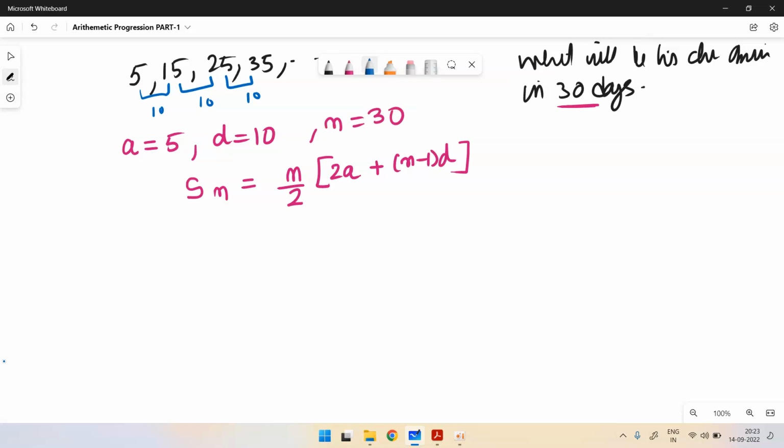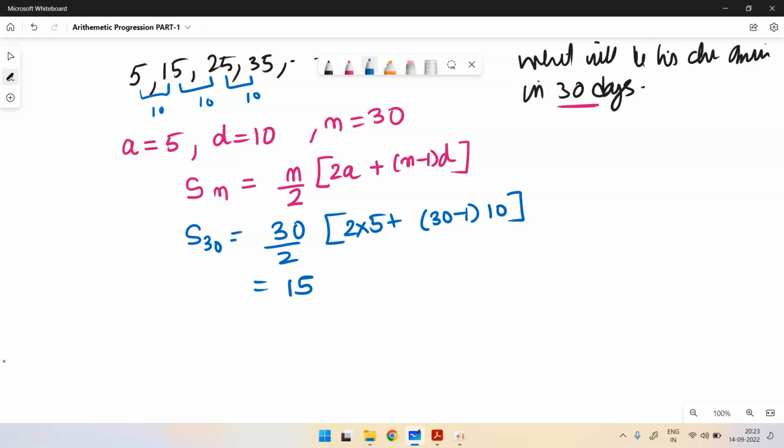So if you put this value, S of 30 is nothing but 30 by 2 into 2 into a, where a is 5, plus n minus 1, which is 30 minus 1, into d which is 10. This is 15 into 10 plus 29 into 10, which is 290. So this is nothing but 15 into 300, which is 4500.